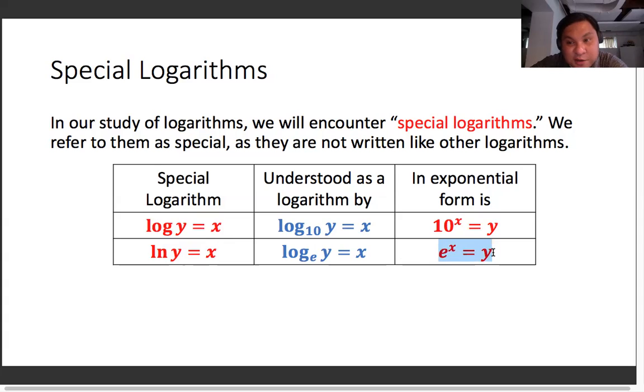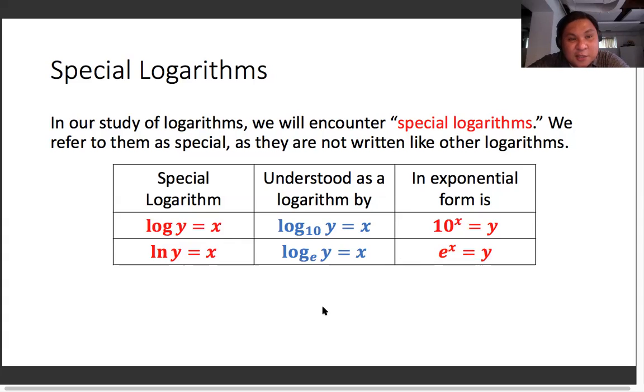Just so you know, if you're wondering what the value of e is, e is approximately 2.71, similar to pi, which is approximately 3.14.